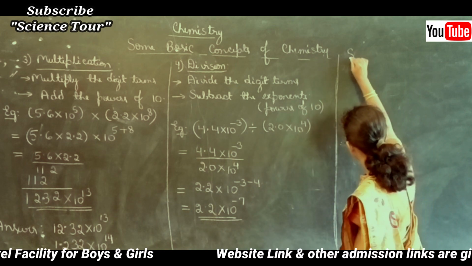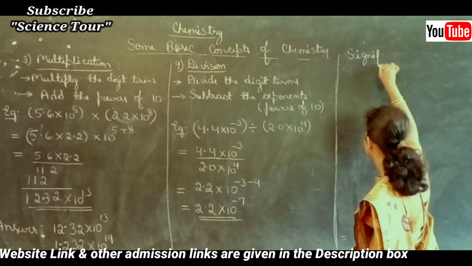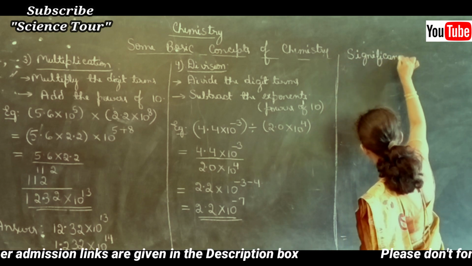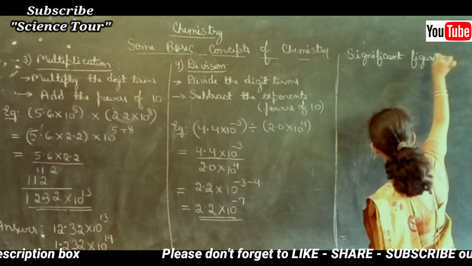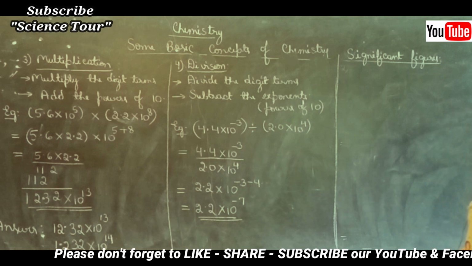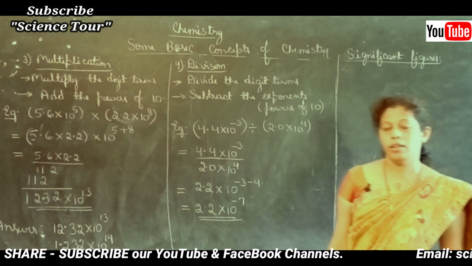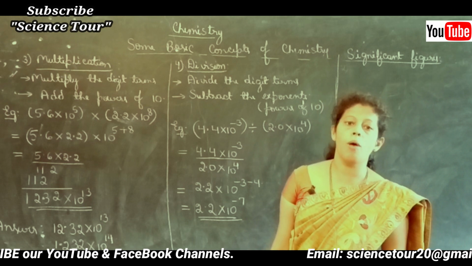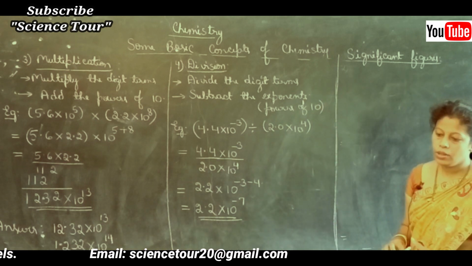Next let us study one of the very important concepts, that is significant figures. In this part 1 mark questions will come. It is an important concept for theory, that is for the board exam as well as for competitive exams. Significant figures.